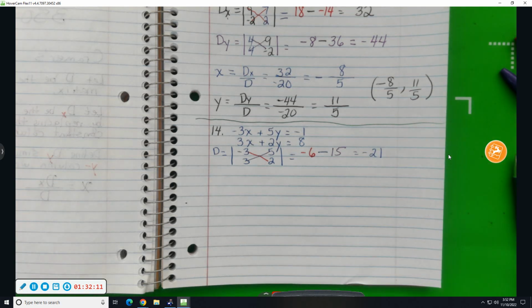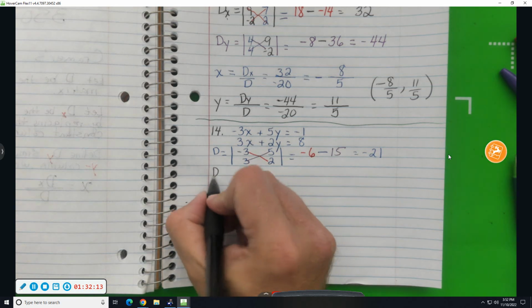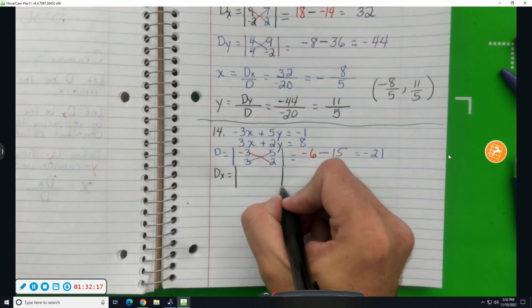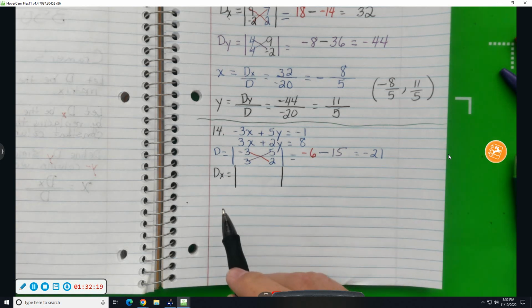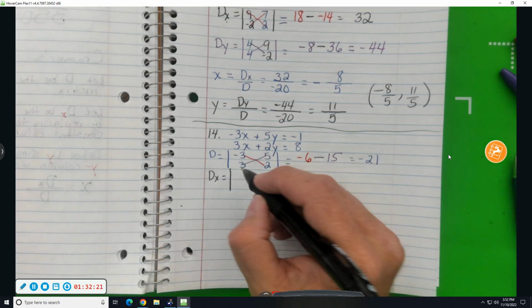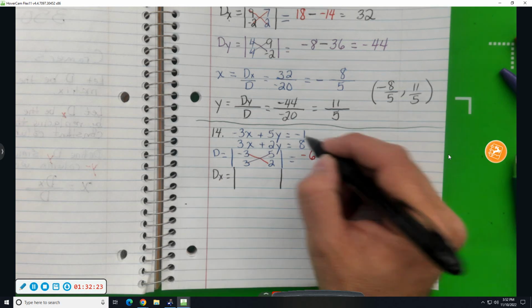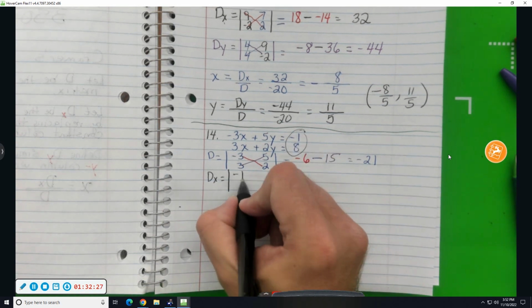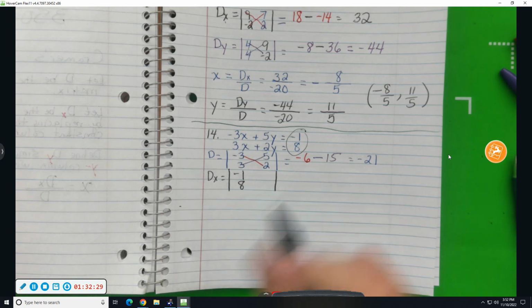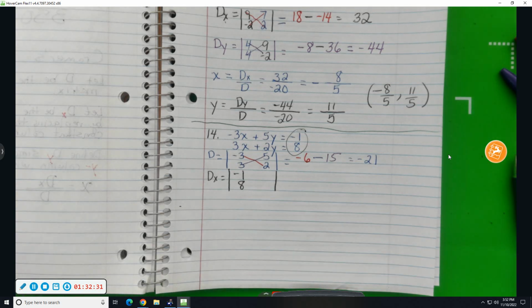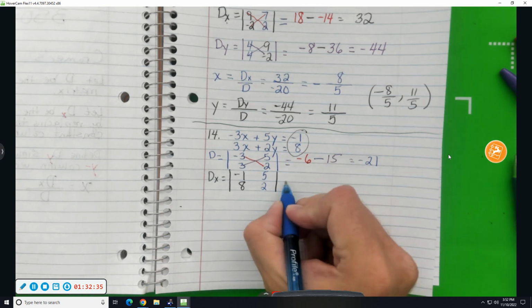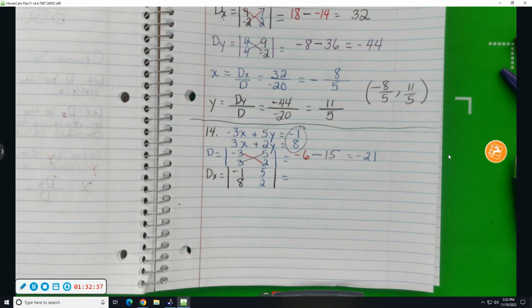Then you would do the x. You replace the x column with these constants. So the x column is -1, 8, and the y column is 5 and 2. The subscript tells you which column you're replacing.